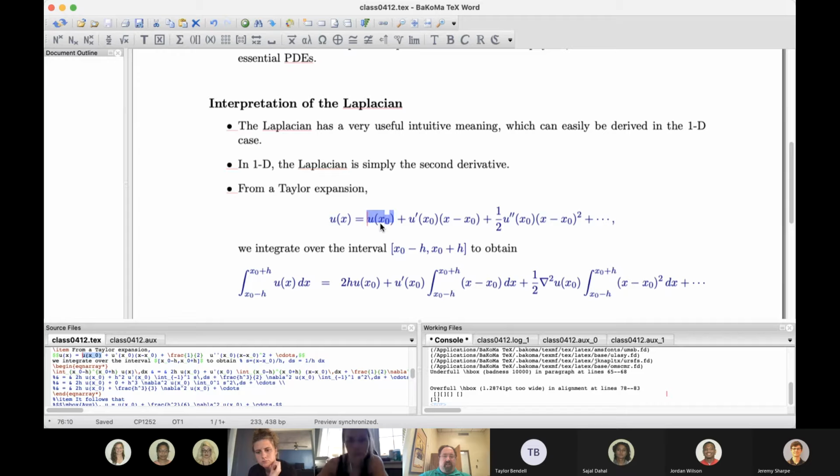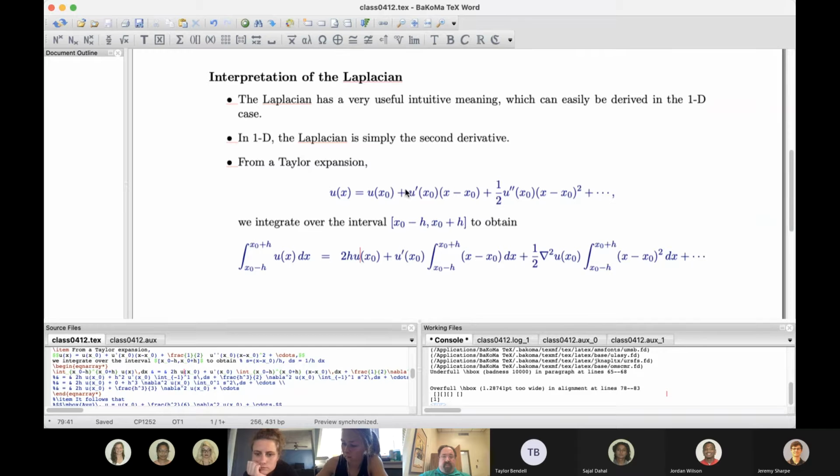So then I just have the integral of 1 from x naught minus h to x naught plus h. The integral of 1 is just the difference of the limits, which in this case, if you subtract these two limits, the x naughts cancel and you just wind up with 2h. So I get 2h u of x naught for this term. For this term, again, u prime of x naught is a constant, so I can pull it out of the integral. So what I'm integrating now is just what's left over, this part.